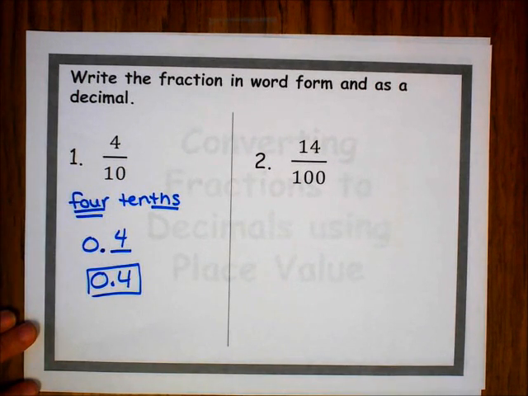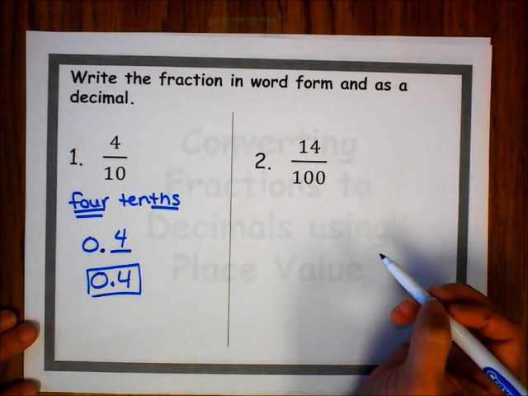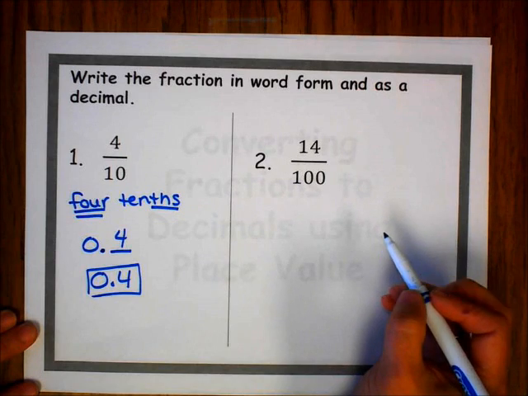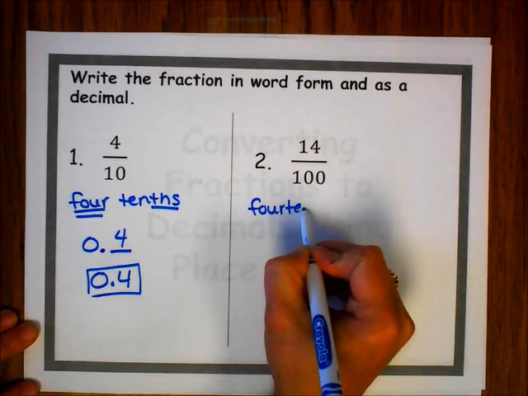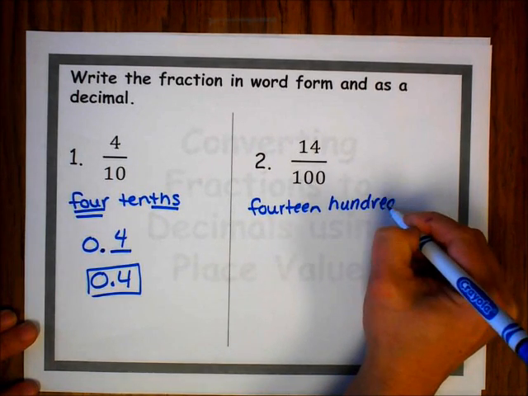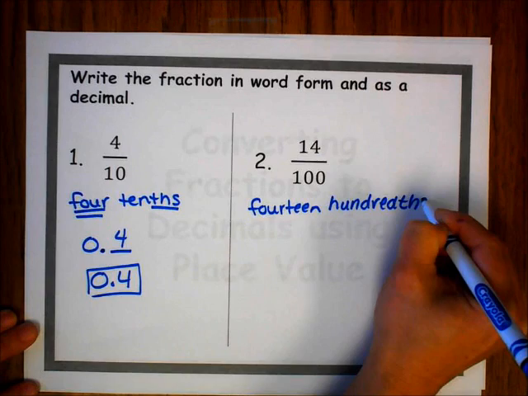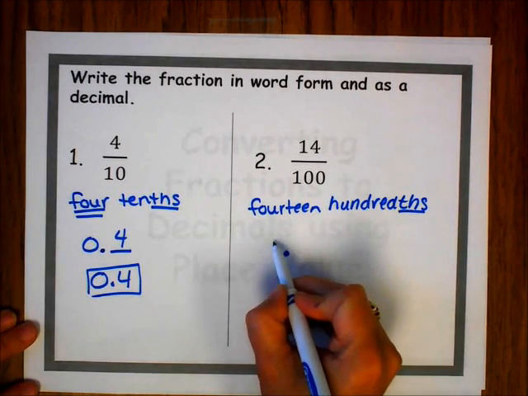Let's look at number 2. The correct way to say 14/100 using place value words is 14 hundredths. So let's write that in words. 14 hundredths. Since it's hundredths, I know it's going to be behind the decimal.